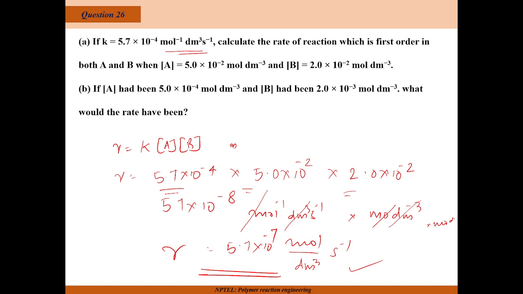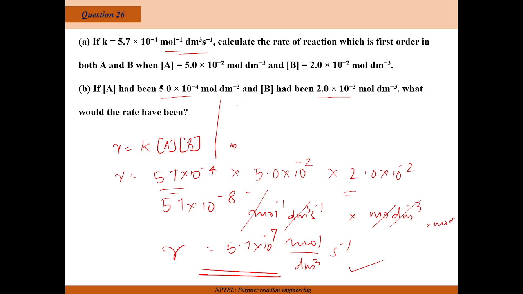Similarly, the next question is also very similar. If it had been 5.0 into 10 to the minus 4, so we have reduced the concentration of A, and we have also reduced the concentration of B. Here also we'll have a very similar answer.